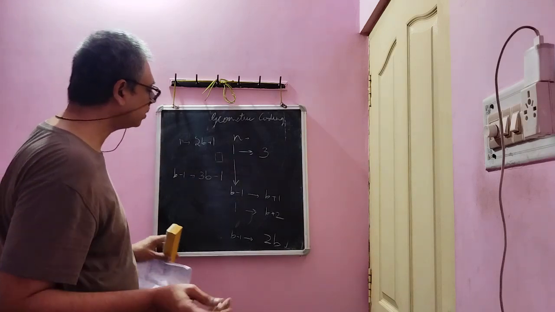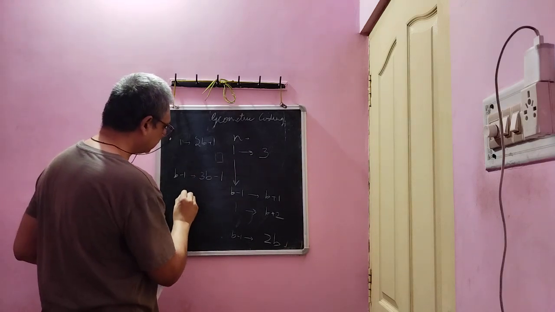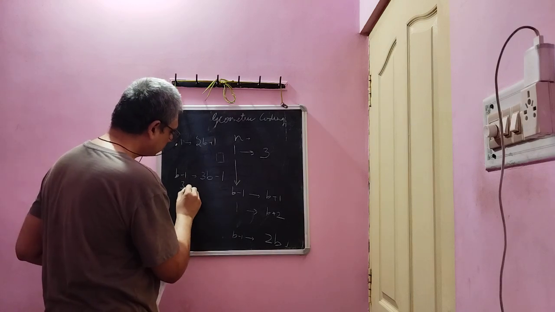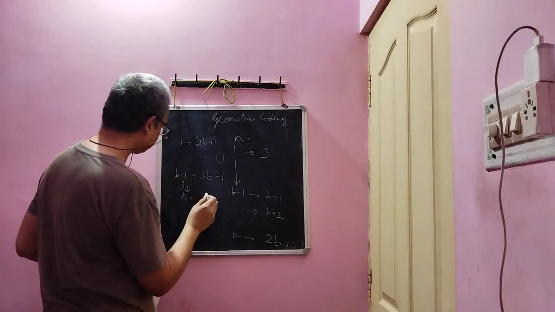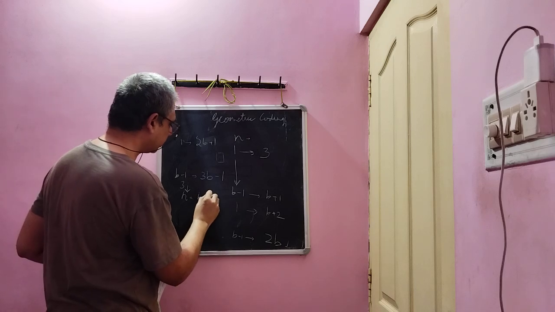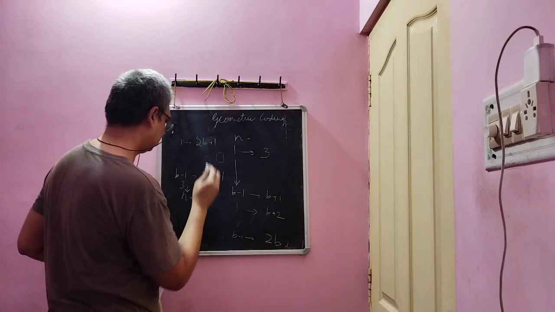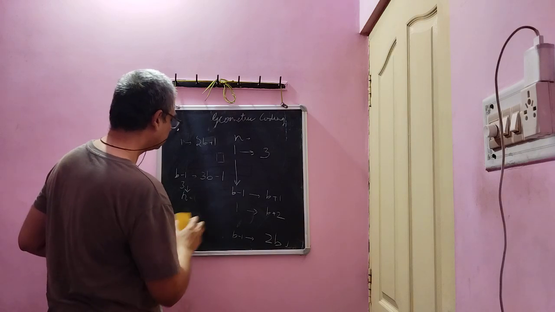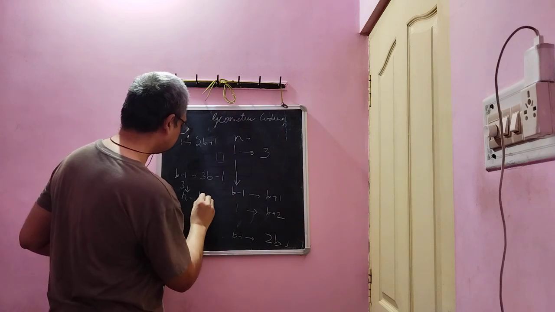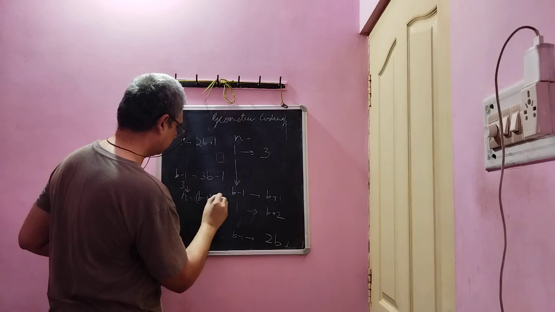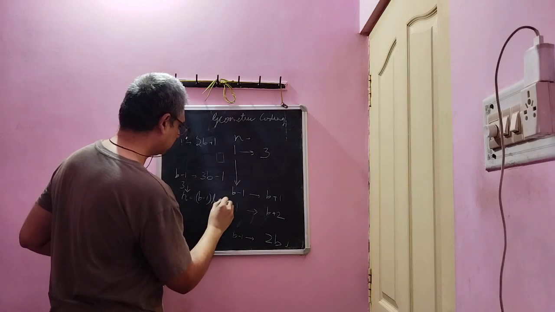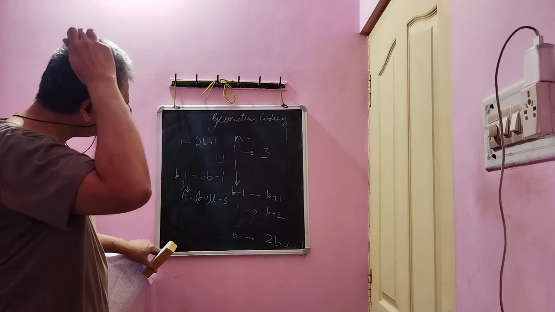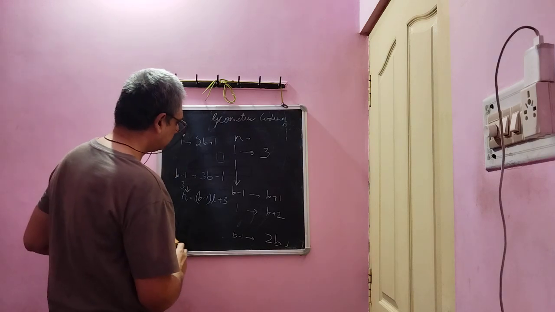So in all, the maximum number of sides will vary from 3 to B minus 1 into L plus 3 plus 2.